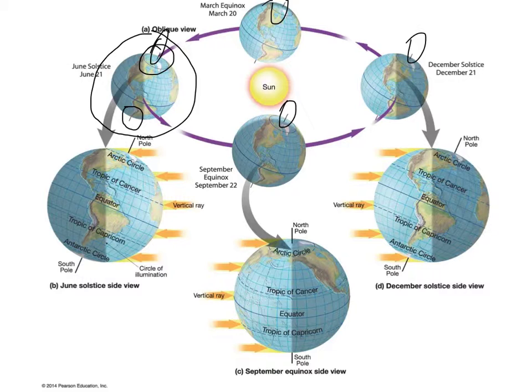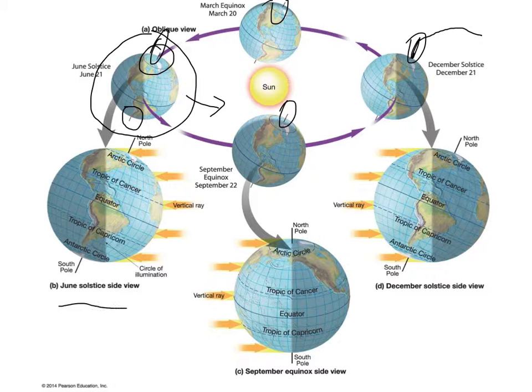So it's always pointing to the North Star in the sky. So the axis doesn't vary. As we move around the sun, the axis will either be pointing towards the sun or, in December, as you can see, away from the sun. So this changes the placement of sun rays.